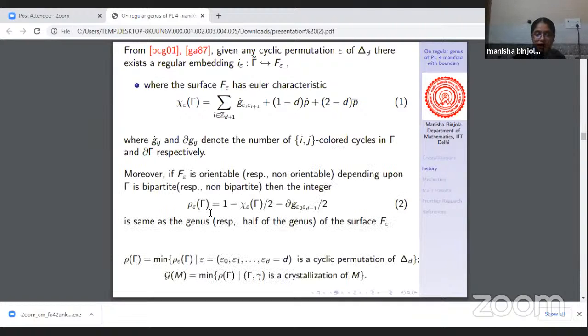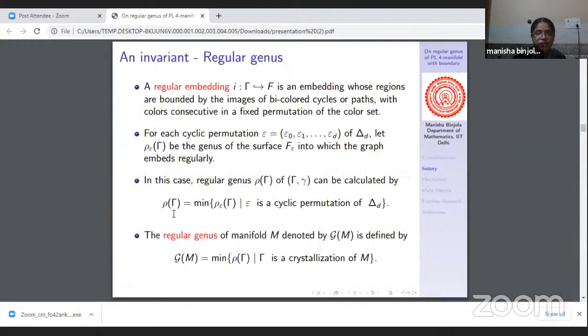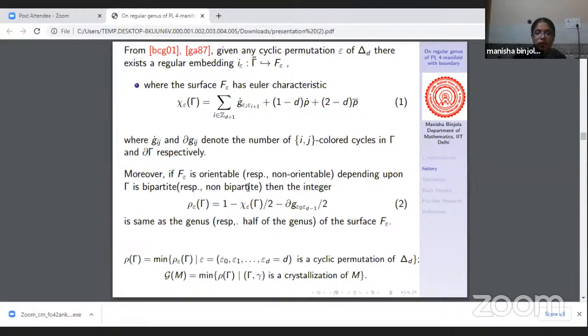And rho epsilon gamma, which I have discussed here, comes out in this form. So it is totally in terms of graph quantities, and we will use these definitions only later.